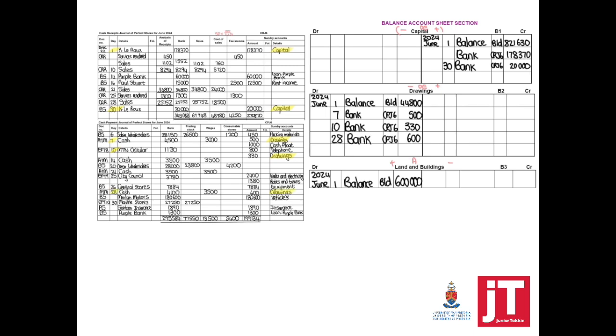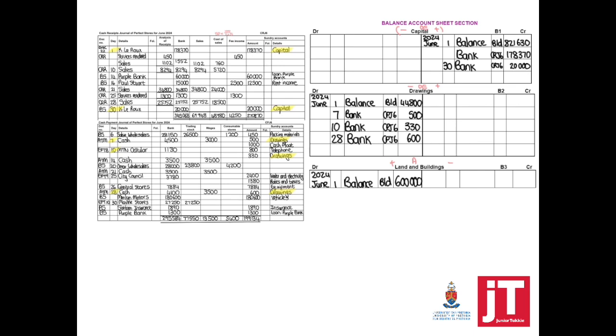On day 28 with 600. And the reason why we're showing it individually, because we're posting from sundry accounts. You cannot go and take 500 plus 350 plus 600 and add it together and write it as one figure.